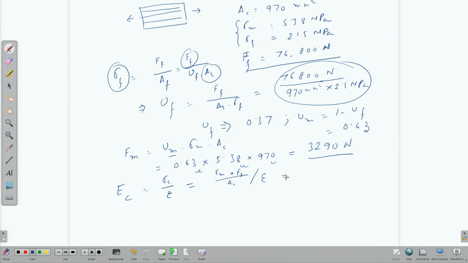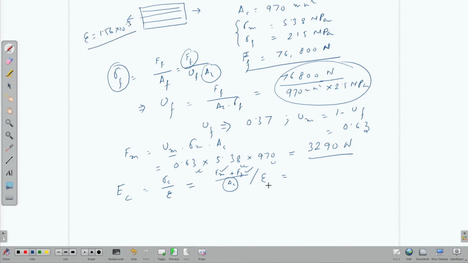Now we know the value of F m, we know the value of F f also, and A c is given already, and the value of epsilon has also been given as 1.56 multiplied by 10 to the power minus 3, in the problem.